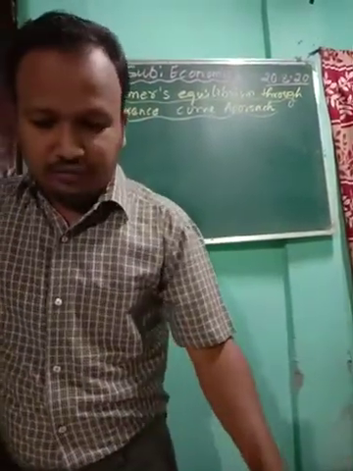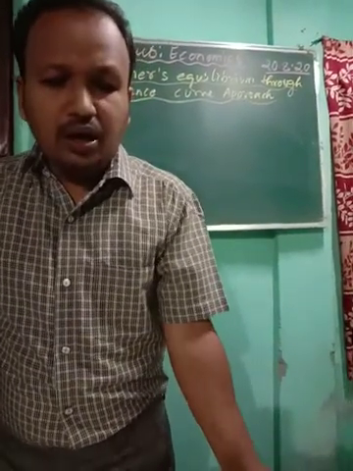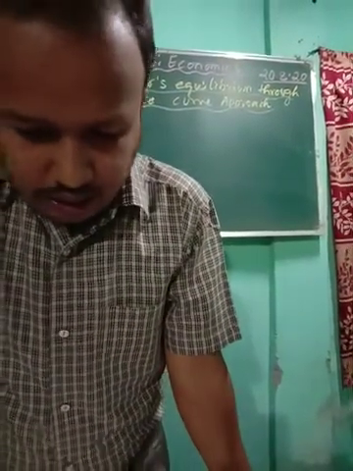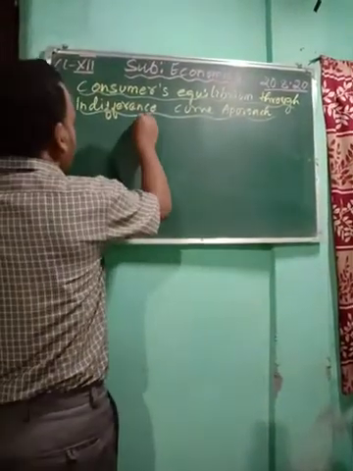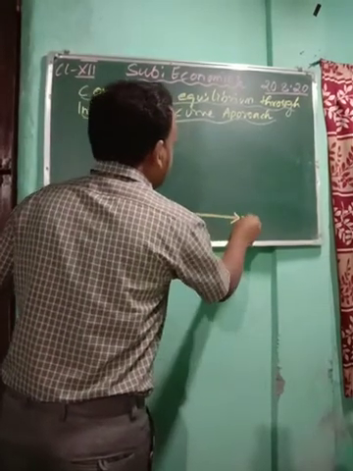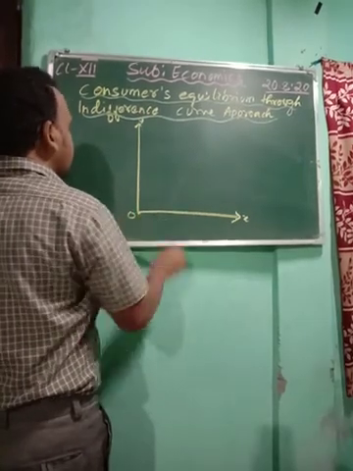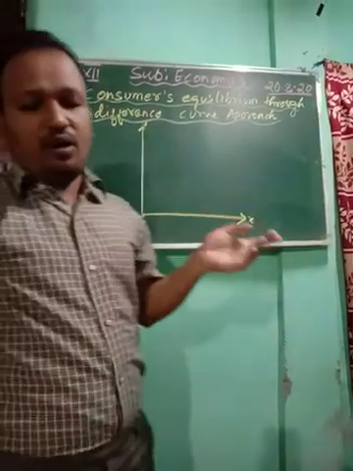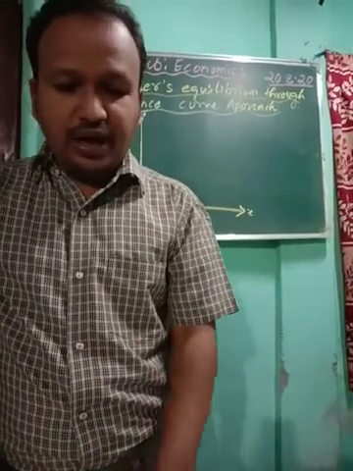Now we will explain it with the help of the budget line. We have taken the example of oranges and apples.